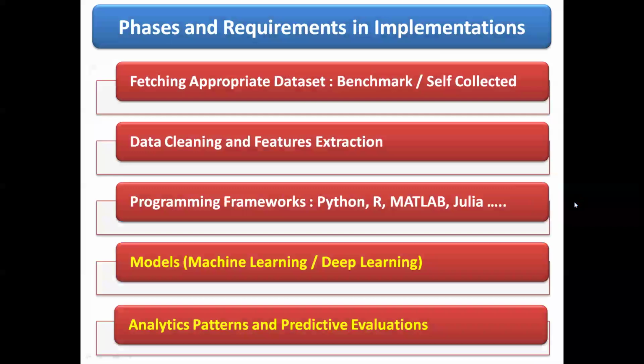Now there are two types of data sets. One is benchmark data, the second is self-collected data. And in this very first step, there is a lot of confusion, specifically among new researchers. Why is there so much confusion? You might have seen that whenever researchers start their PhD or master's level MTech, they have a lot of passion about their research work.